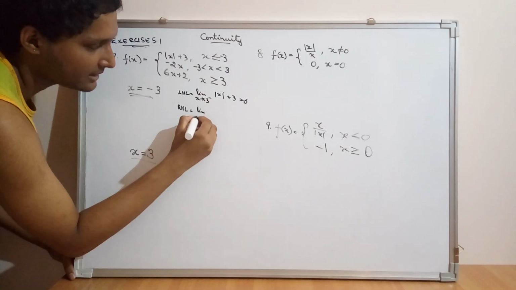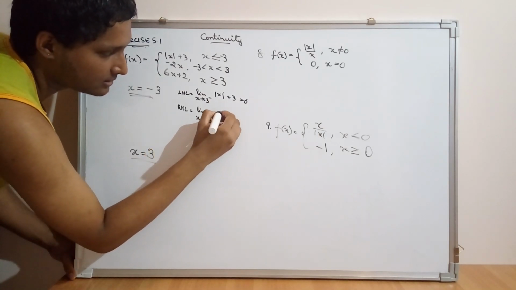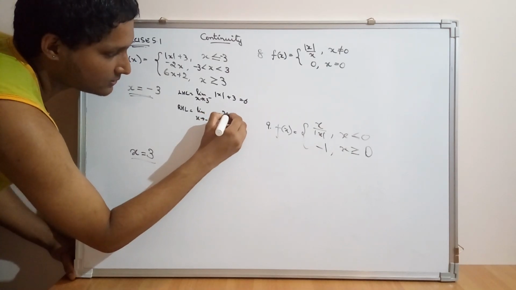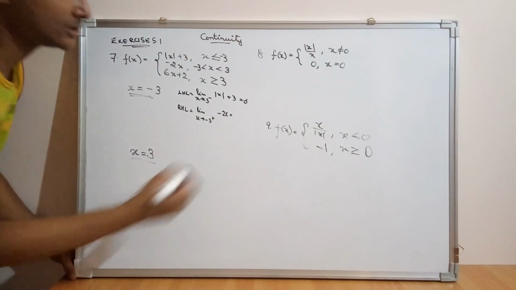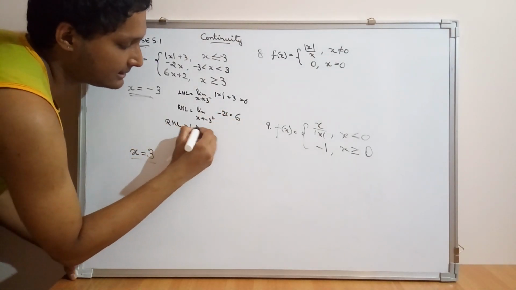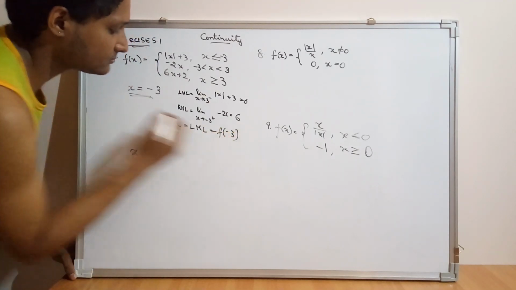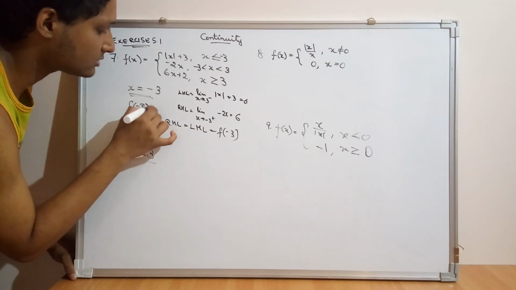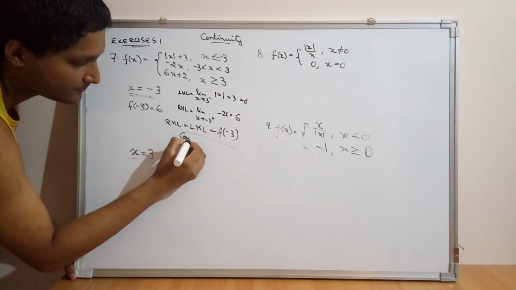That is limit x tending to -3 plus, that is -2 into x, that is -2 into -3, that is going to be plus 6 only. Therefore RHL is equal to LHL is equal to f of -3. Here I write f of -3 is also equal to 6. Therefore, it is going to be continuous.